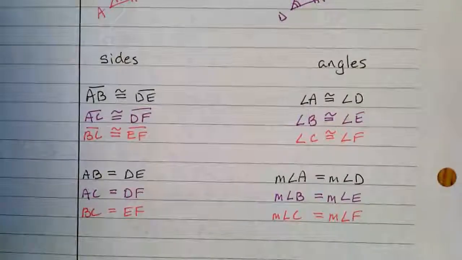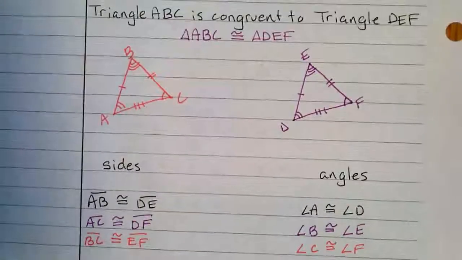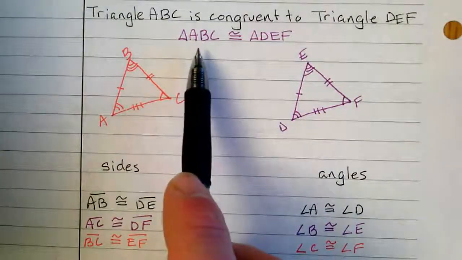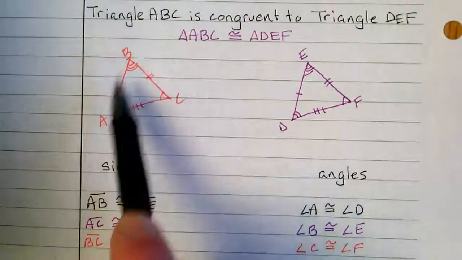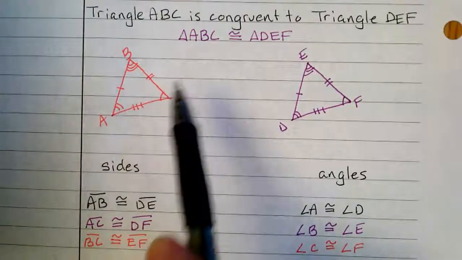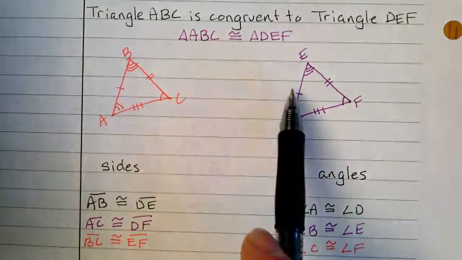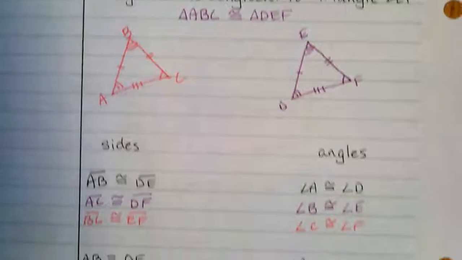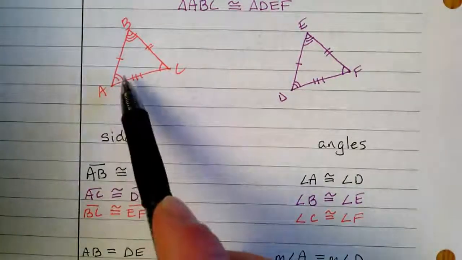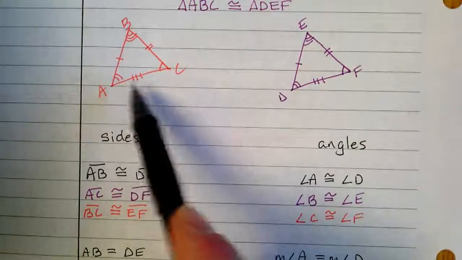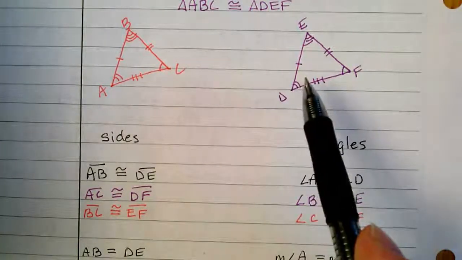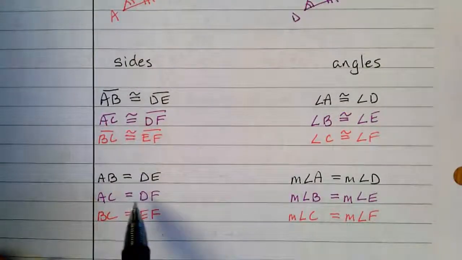So, just to recap, if I told you that triangle ABC, we name triangles according to their 3 vertices, was congruent to triangle DEF, what I'd be telling you is that each side in triangle ABC was congruent to a side in triangle DEF, which would mean that each side in triangle ABC was the same length as a side in triangle DEF.